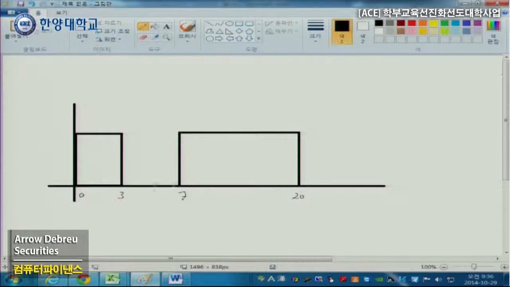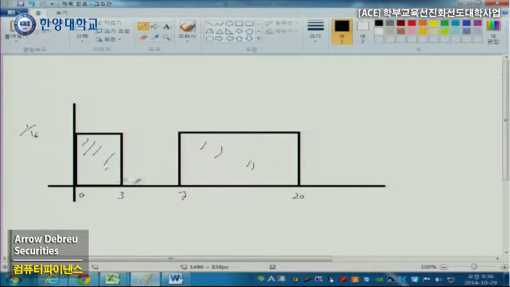Then the height is 1 over 16. So this is a very weird probability density function. It means that any number between 0 to 3 and 7 to 20 has an equal chance. I have an equal probability of generating any number in these ranges.